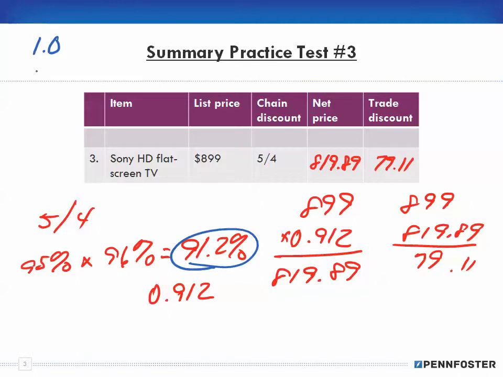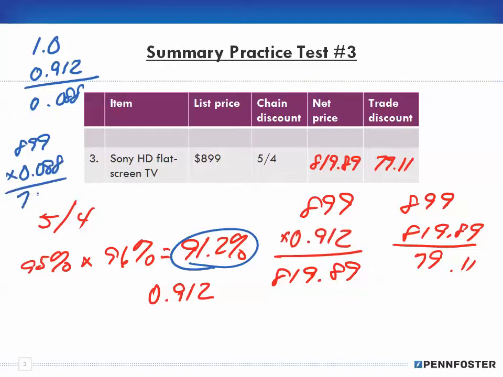I could subtract the 0.912, and that would have given me 0.088, and then I could have taken the $8.99, the list price, and multiplied that by the 0.088, and that would have given me the same amount of $79.11, because this is the discount percent. So, two different ways of arriving at the same answer.